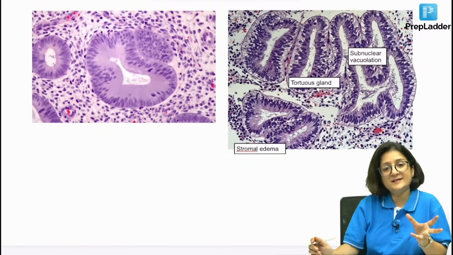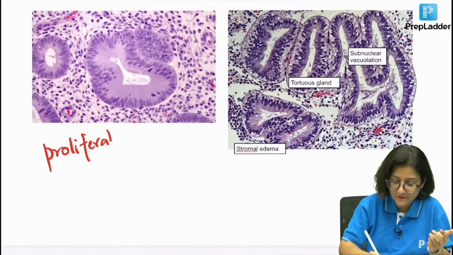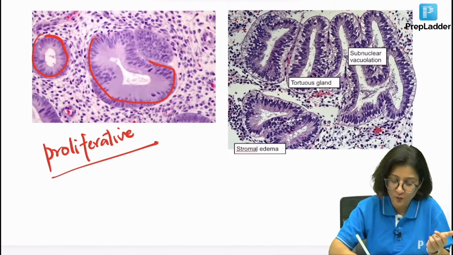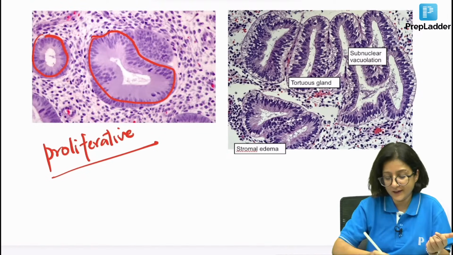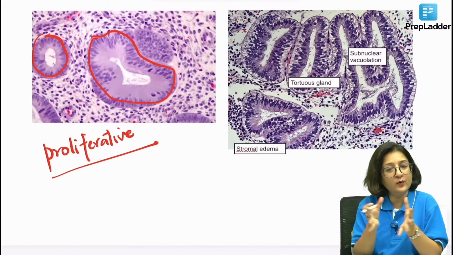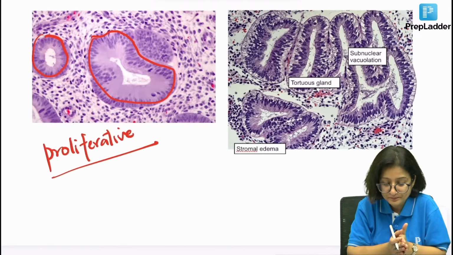Like I said, the image on the left is showing proliferative endometrium. You can see narrow tubular glands and loose syncytial stroma. That's why the hypoechoic areas around the thin white line.